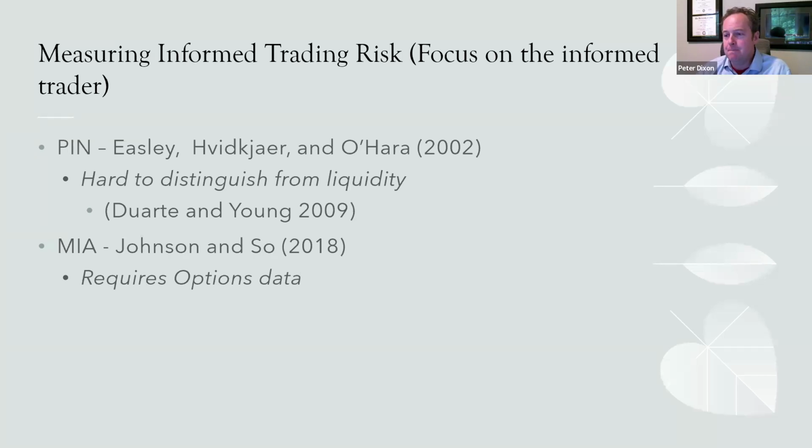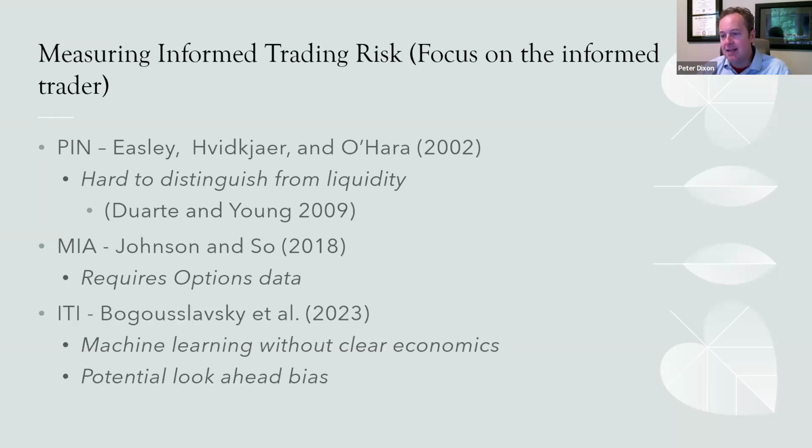But this measure has a drawback in that it requires options data, and not all stocks have options data. And lastly, the most recent one is this ITI measure, informed trading intensity, where the authors take a subset of known informed trades, and then they use a machine learning algorithm to say, well, what's happening in the markets when these informed trades are happening, and can we create a measure based on that?